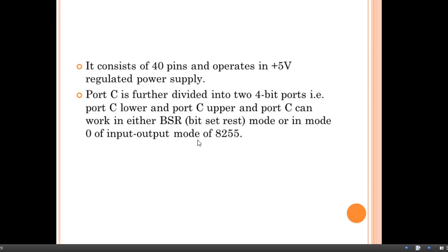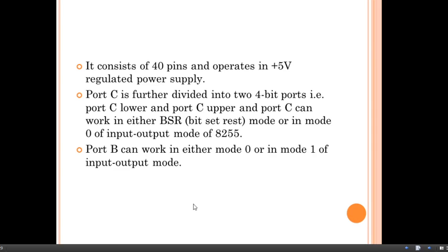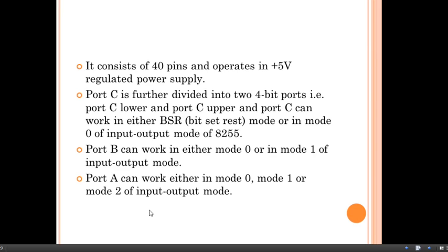These modes we'll see in our next session. Port B can work in either mode 0 or mode 1 of the input output mode. Port A can work in mode 0, mode 1 or mode 2 of the input output mode.